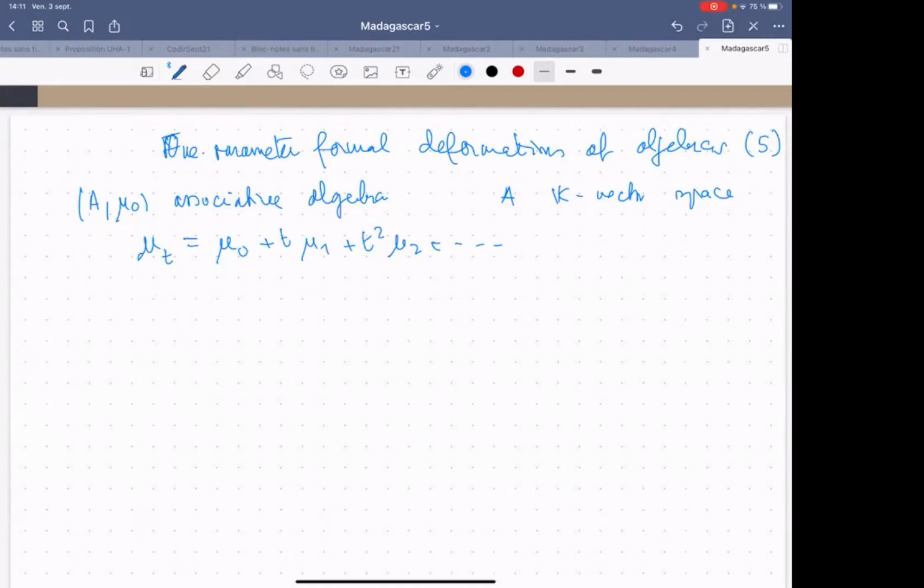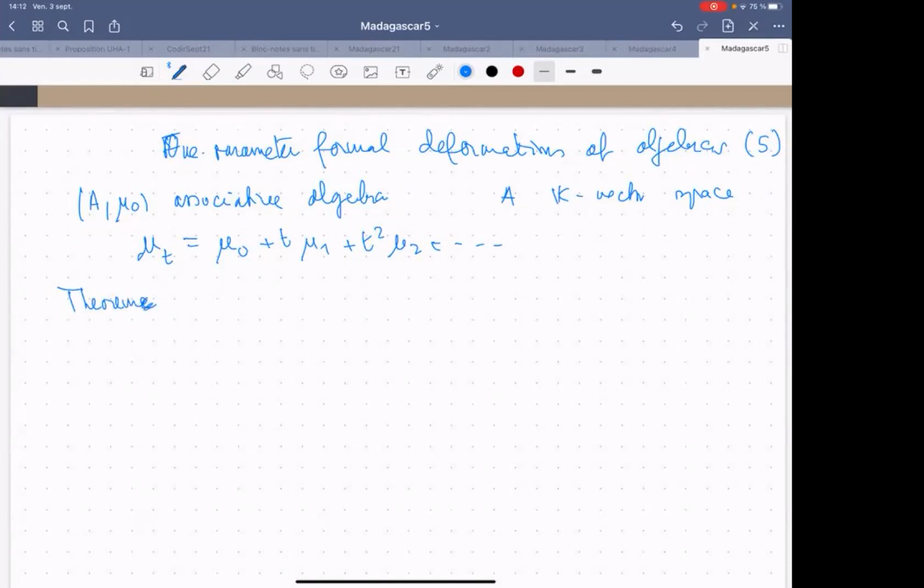And we showed also, maybe a bit quickly, that if you take another element in the same cohomology group as mu1, then you get an equivalent deformation to this one. And then we can state this as a theorem now.